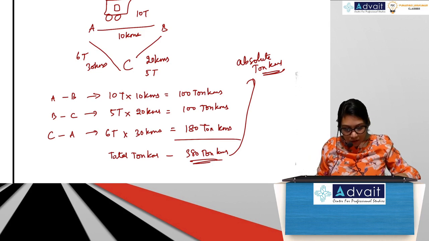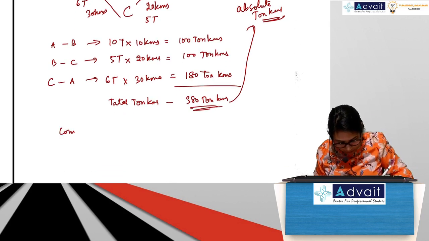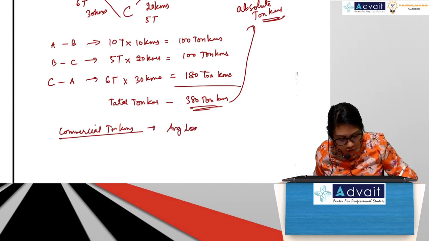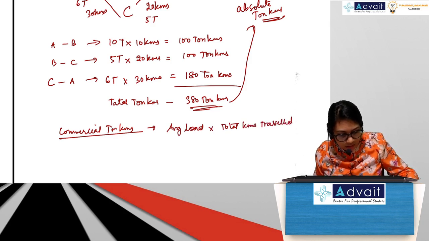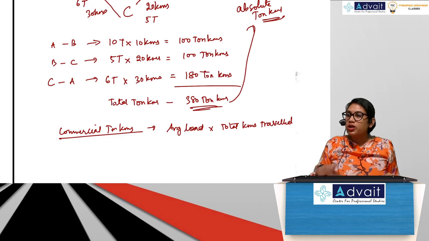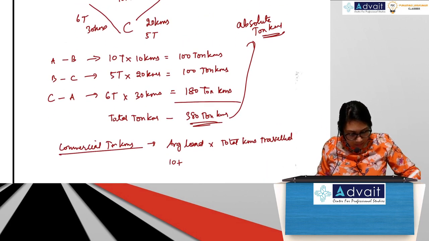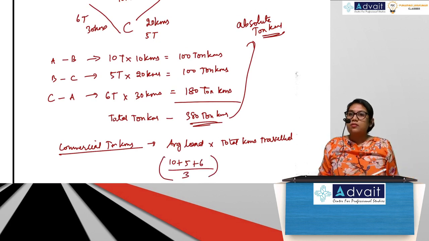So what are commercial ton kilometers? Commercial ton kilometers are nothing but average load into total kilometers traveled. Simple. So what is your average load? 10 plus 5 plus 6 divided by 3.